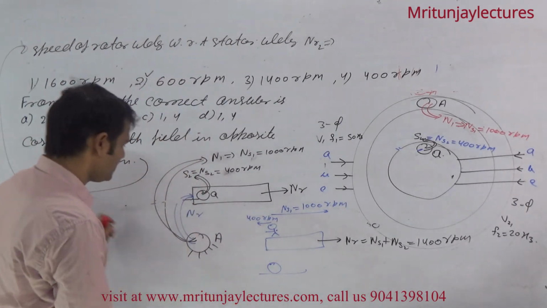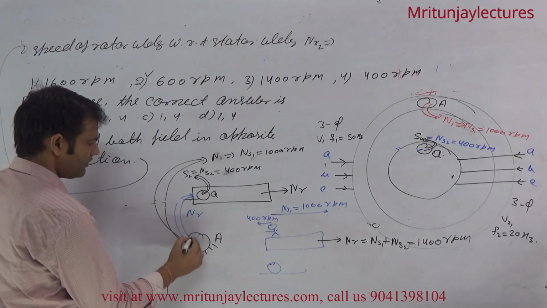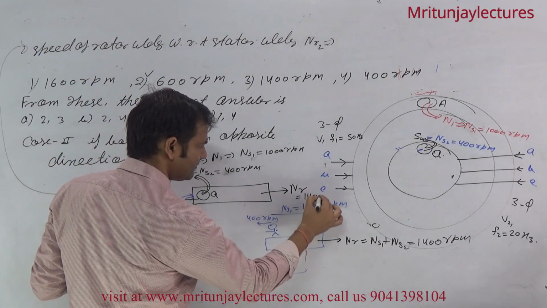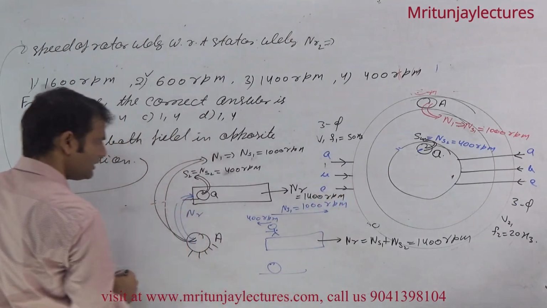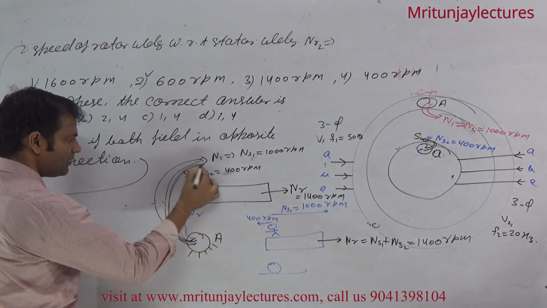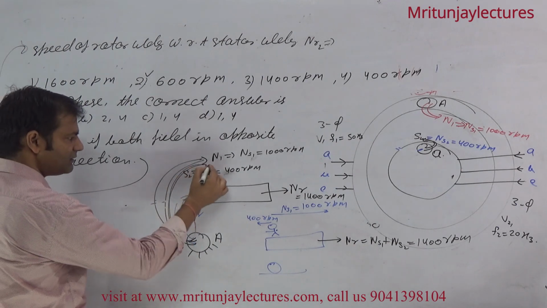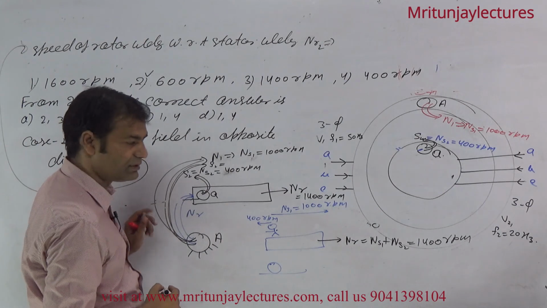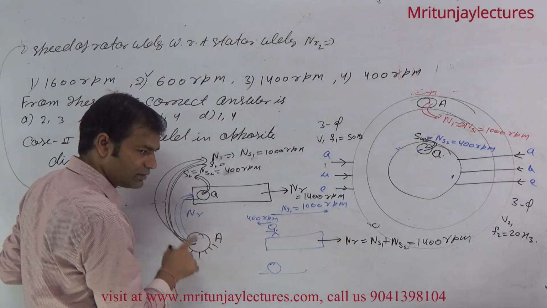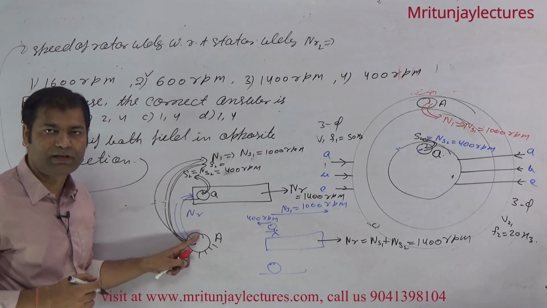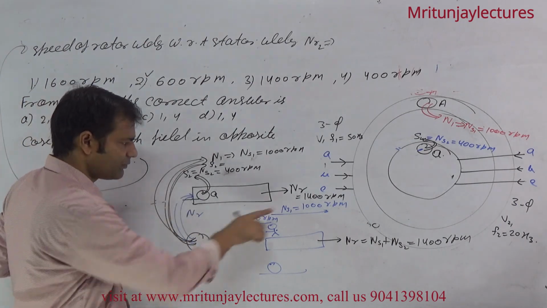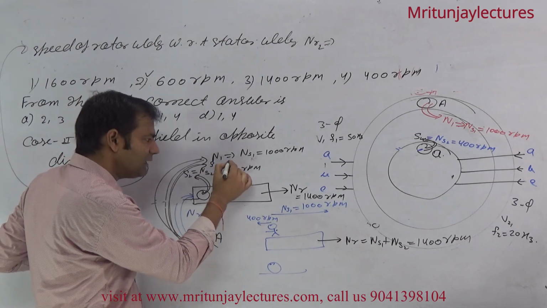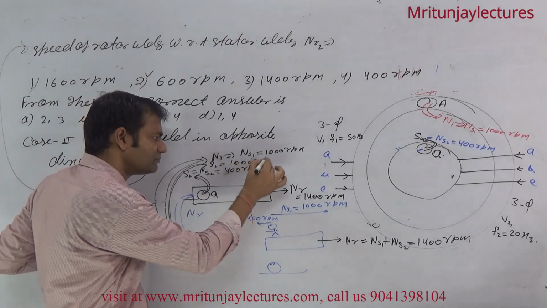If the rotor rotates at 1400 rpm in the direction of the stator field, then this man sees S2. If you sit on the stator winding and see S2, then S2 is like 1000 rpm. Clear?